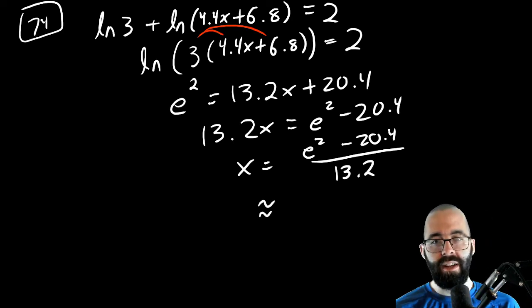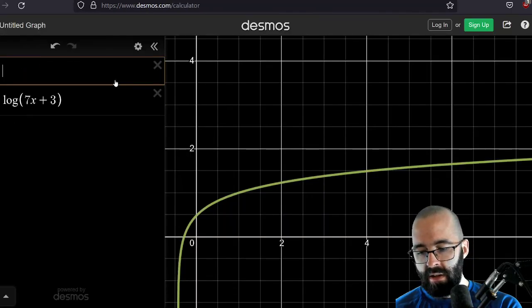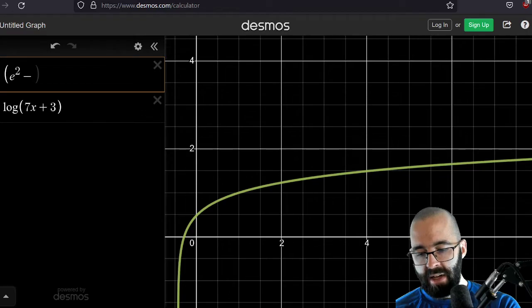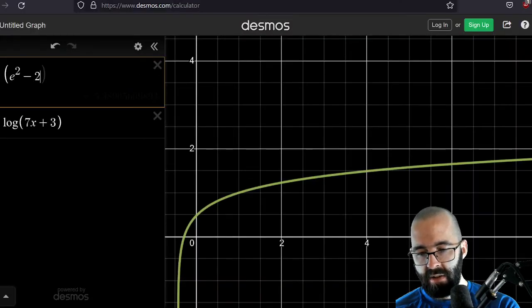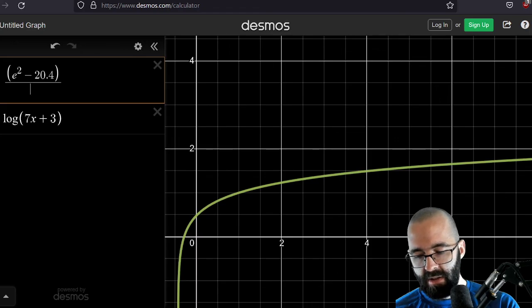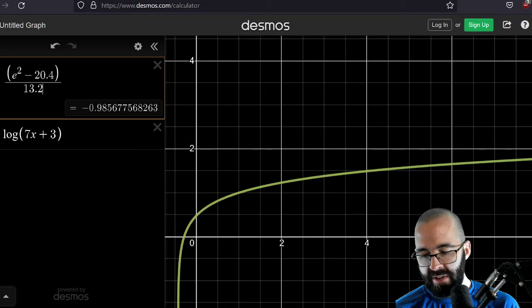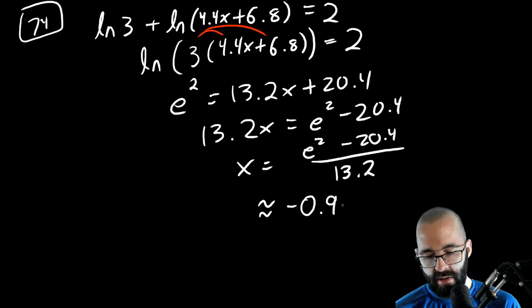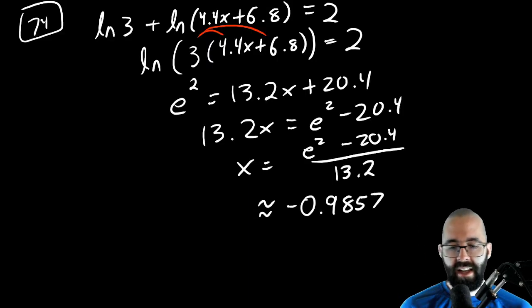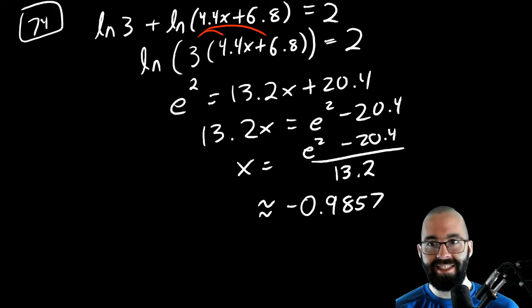Let's type this into a calculator. E squared minus 20.4 divided by 13.2. It's about negative 0.9857. Let's check our answer because I didn't use a calculator, so I really need to check the answer.